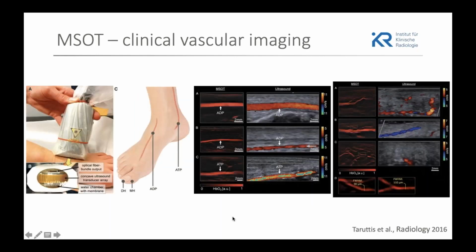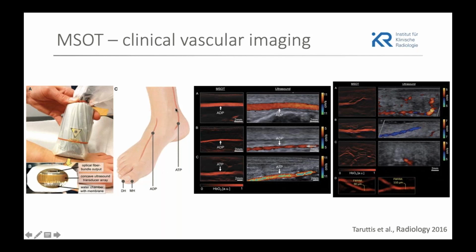And to start with, one of the first applications, not by our group, but by Taruttis et al., published in 2016 in Radiology, was one of the first applications of MSOT for clinical vascular imaging. They had already just a handheld probe here with an ultrasound transducer and the optoacoustic imaging array.